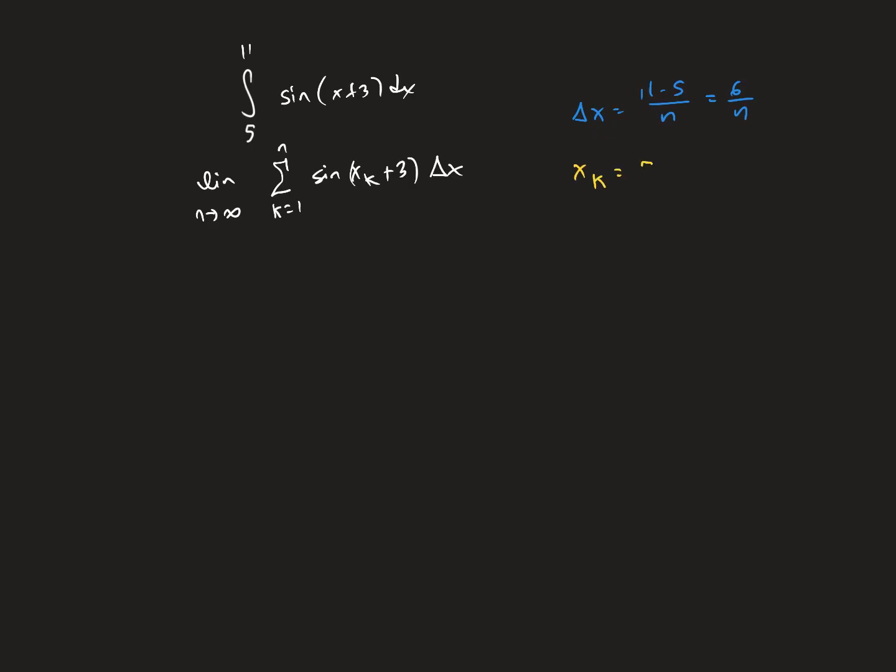My starting value was 5. It's k delta x, so it's k times delta x. So it's 5 plus 6k over n. And then I'll write my sigma notation. And there it is.